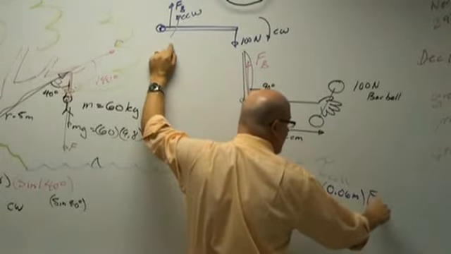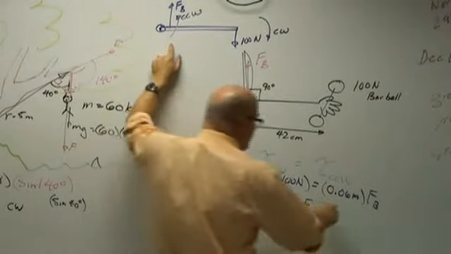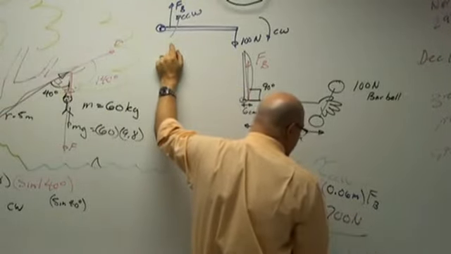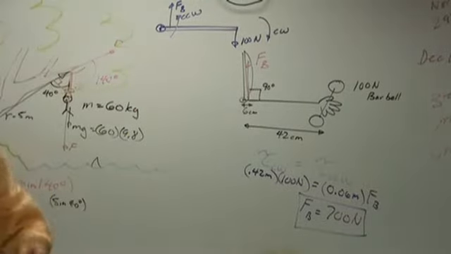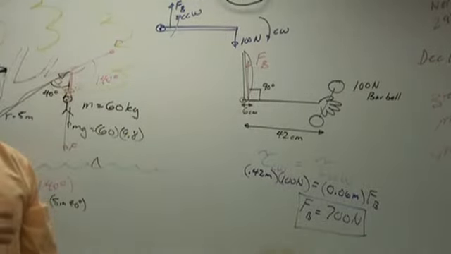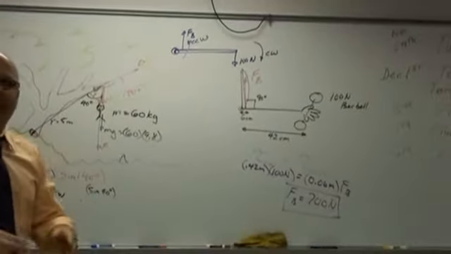And the force is the bicep force. So what's my bicep force? 700 newtons. So in order to hold up a 100 Newton barbell, you have to pull up with your bicep 700 Newtons. Now wait a minute.